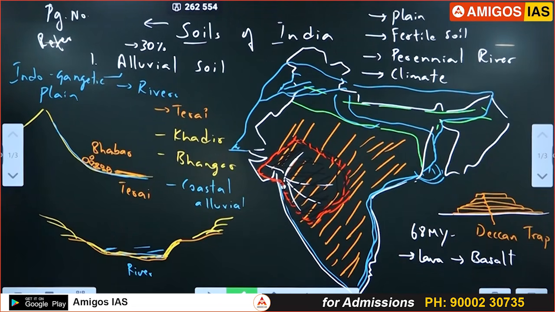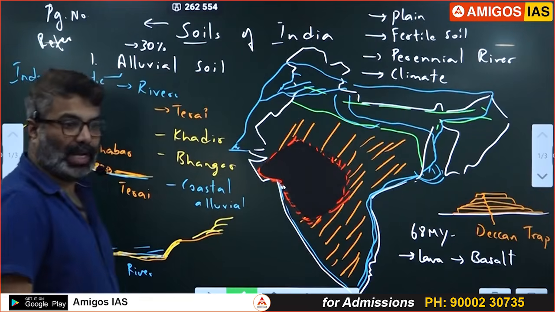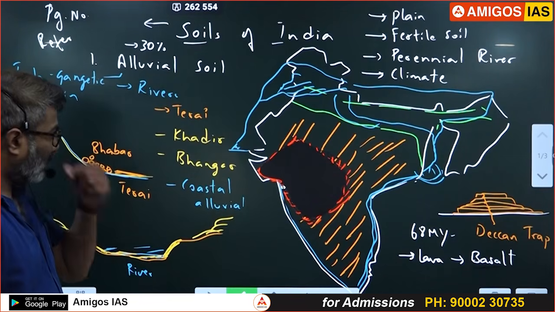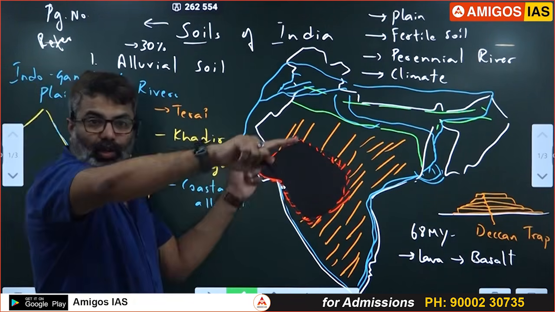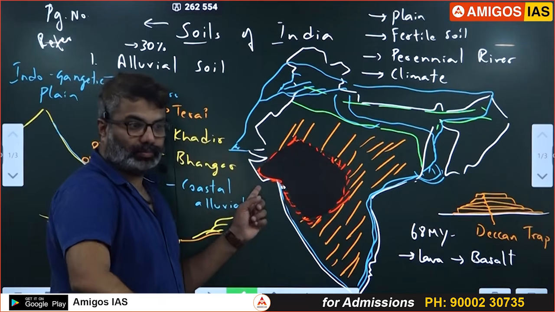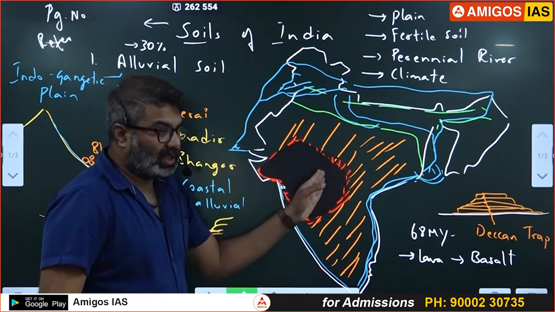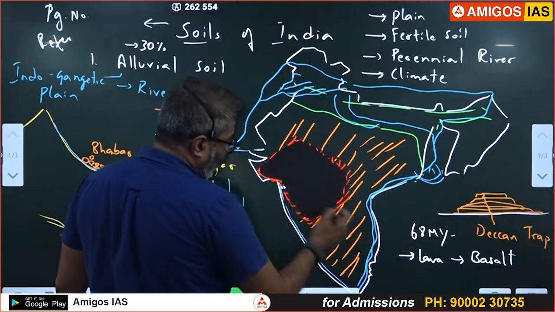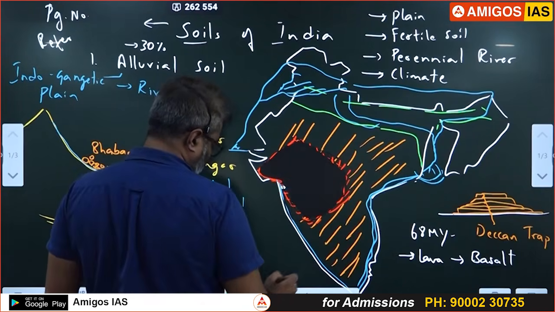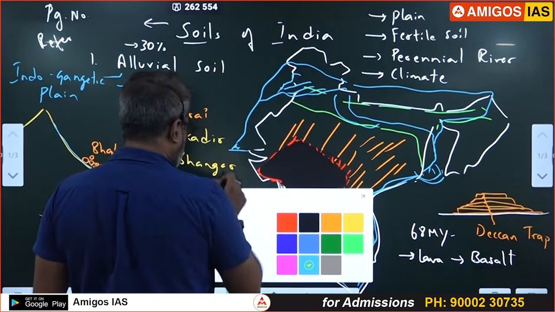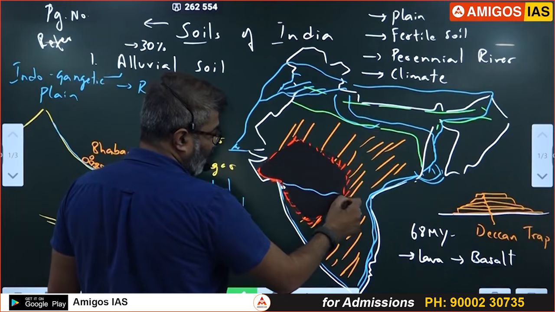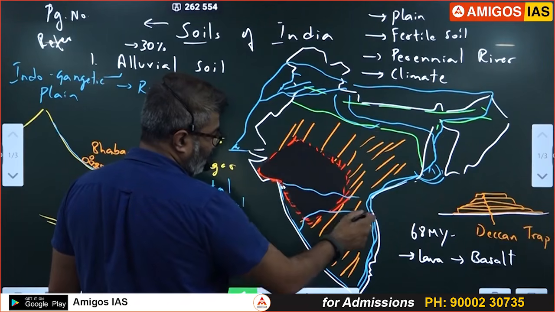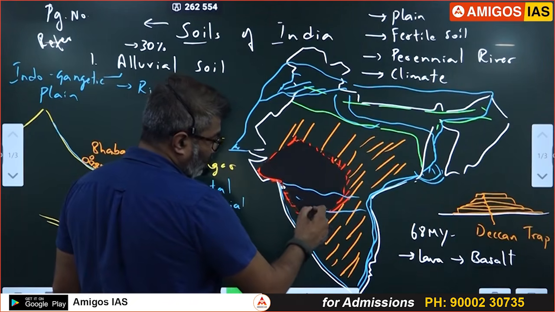Done? Shall I continue? Okay, this is black soil. Around the black soil we have mixed red and black, wherever red and black are mixing. Notice some rivers also here. Godavari is flowing like this, Krishna like this, Bhima like this.